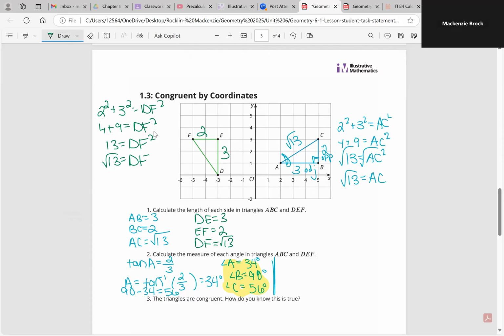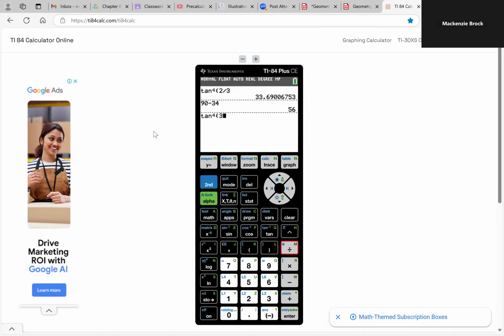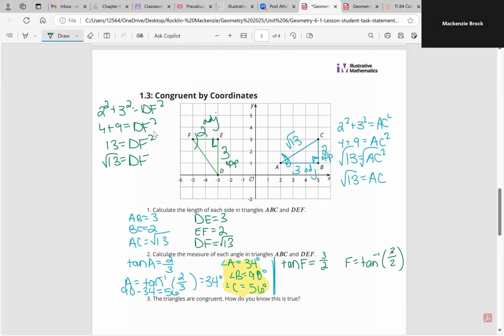Angle E is going to be your 90. So let's try angle F. For angle F, 3 is opposite and 2 is adjacent. So tangent of angle F is equal to opposite over adjacent. So F is the inverse tangent of 3 over 2. And you get about 56 degrees.